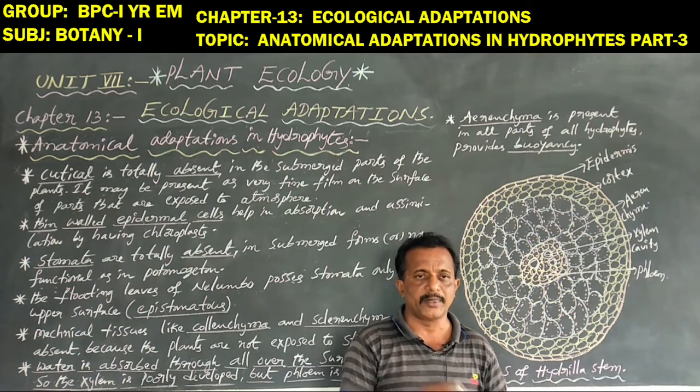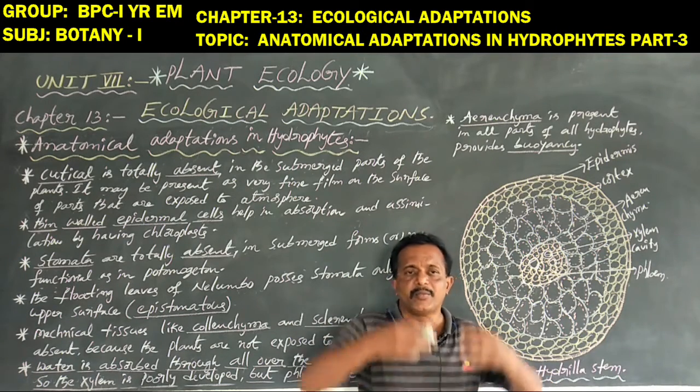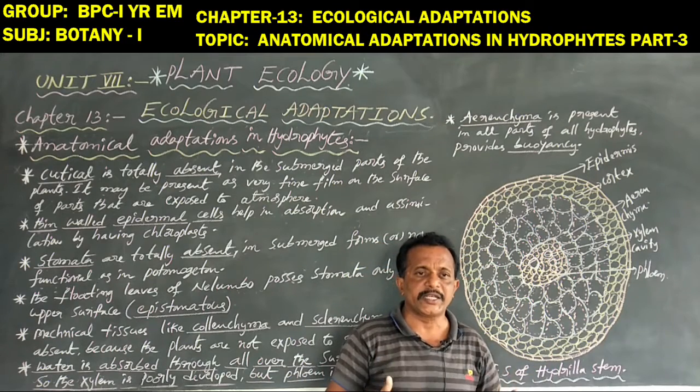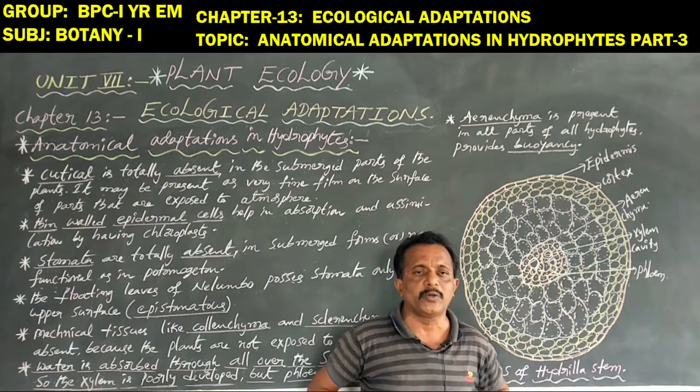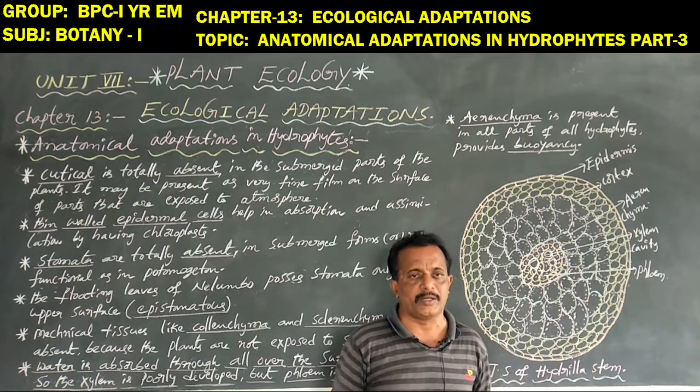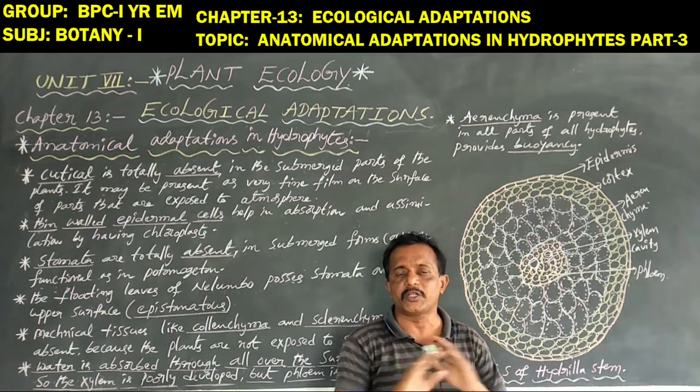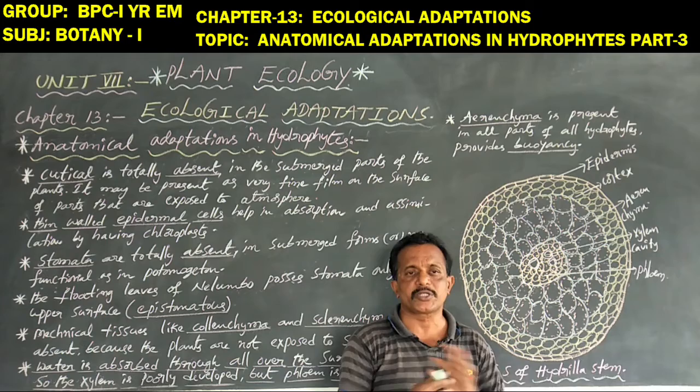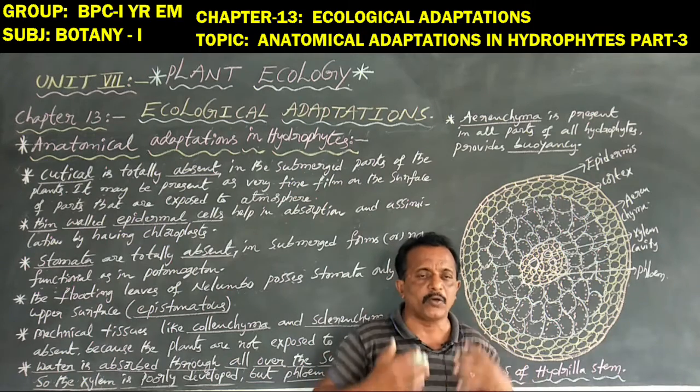But in all aquatic plants, the plant body in both the early stage and the mature stage is made up of parenchyma, and mechanical tissues are not developed. Sclerenchyma and collenchyma are not developed, only parenchyma.